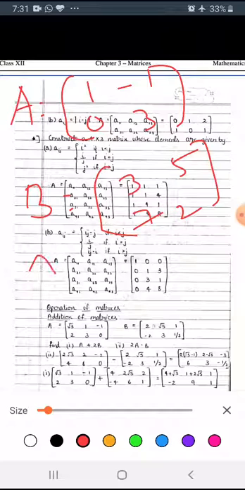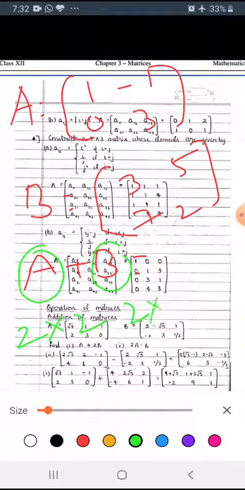Now we have to find A plus B. So when is the addition or subtraction possible, or when is it defined? See here, the matrix A is of order 2 by 2, the matrix B is of order 2 by 2, then only the addition will be defined or exist.